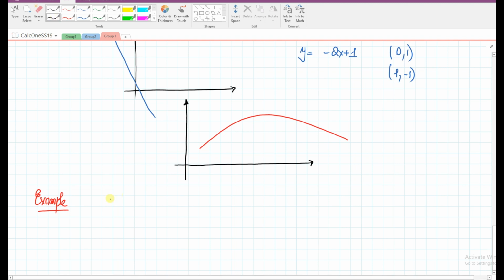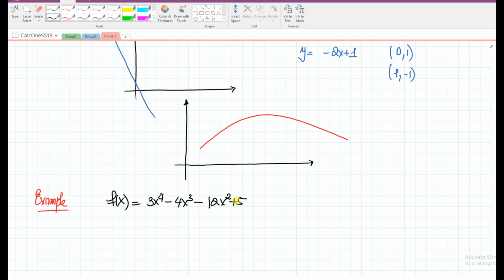So let's say I've got a function 3x^4 minus 4x^3 minus 12x^2 plus 5. We need to find where this function is decreasing and where it is increasing.